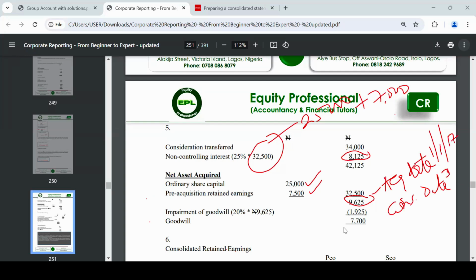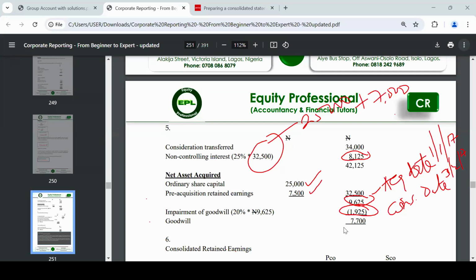Consolidation date was 31st December 2017. So at consolidation date, additional information told us that the goodwill has been impaired by 20%. So I do 20% of the goodwill, I have 1,925. Now, how do I treat this?